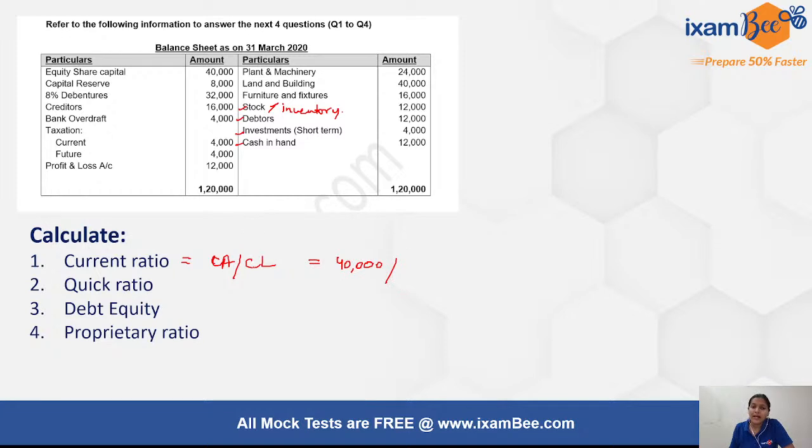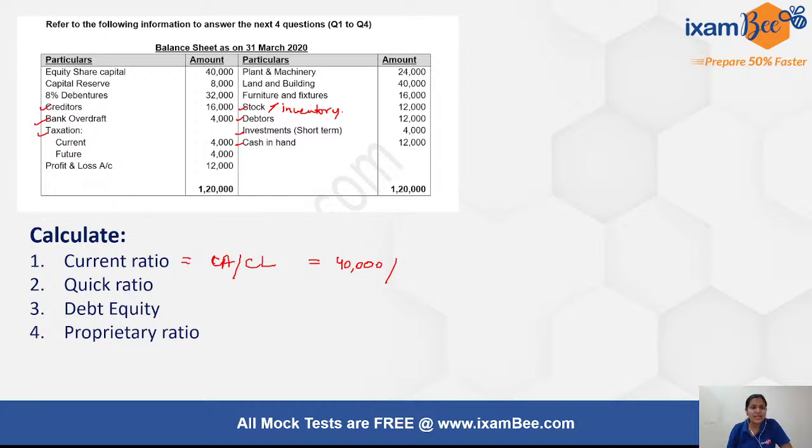Similarly, we need to calculate our current liabilities. Now, current liabilities are all of those that have to be repaid in up to 1 year, right? So, what all will it include? Your current liabilities will include your creditors, which are basically your suppliers, the bank overdraft, because this is also short term in nature, and your tax related items, whether this year's or future, because they have not been paid, they are your current liabilities.